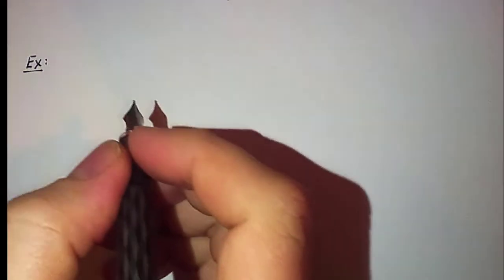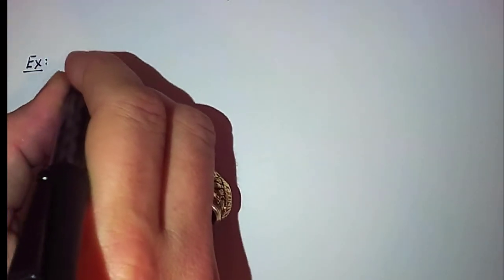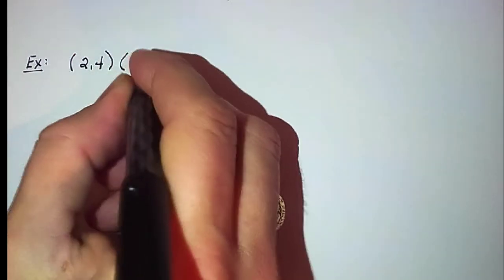Okay, so the first example we're going to work here is we are going to try to find the equation of the line, and we want the equation of the line that passes through 2 points, and we're going to call this point 2 comma 4 and 4 comma 3.